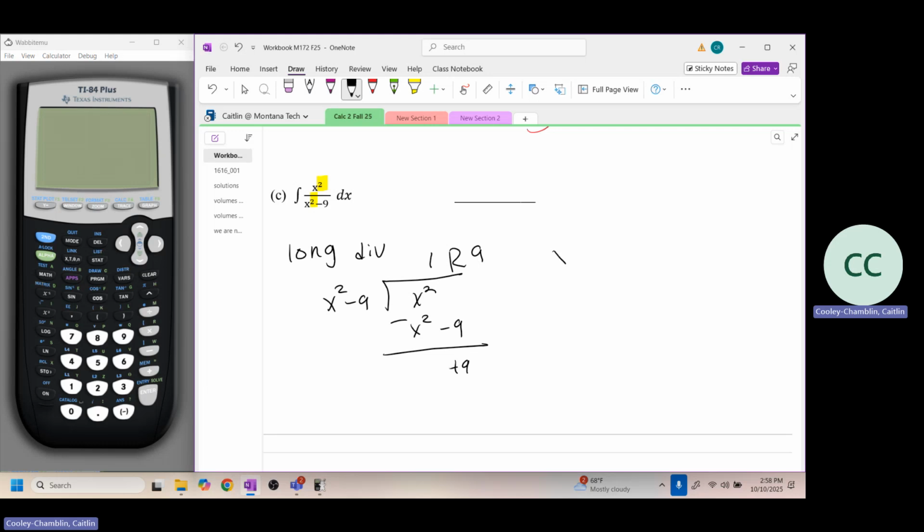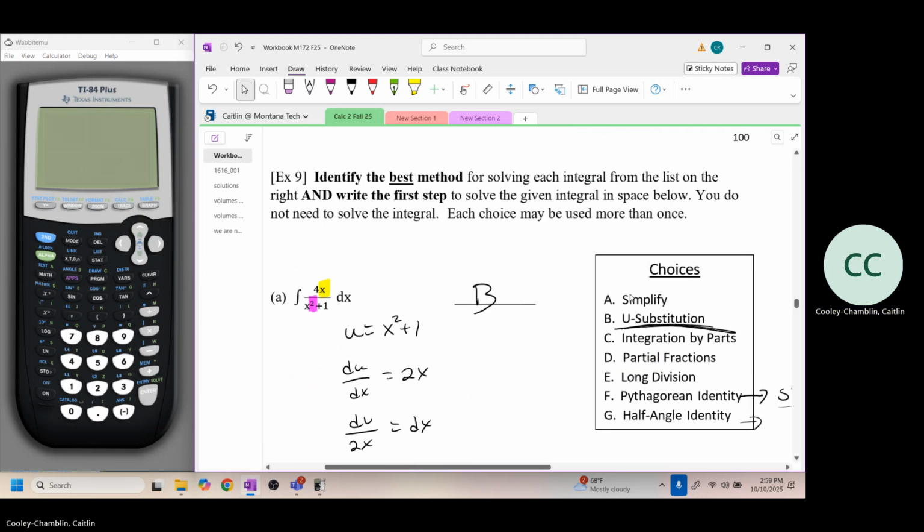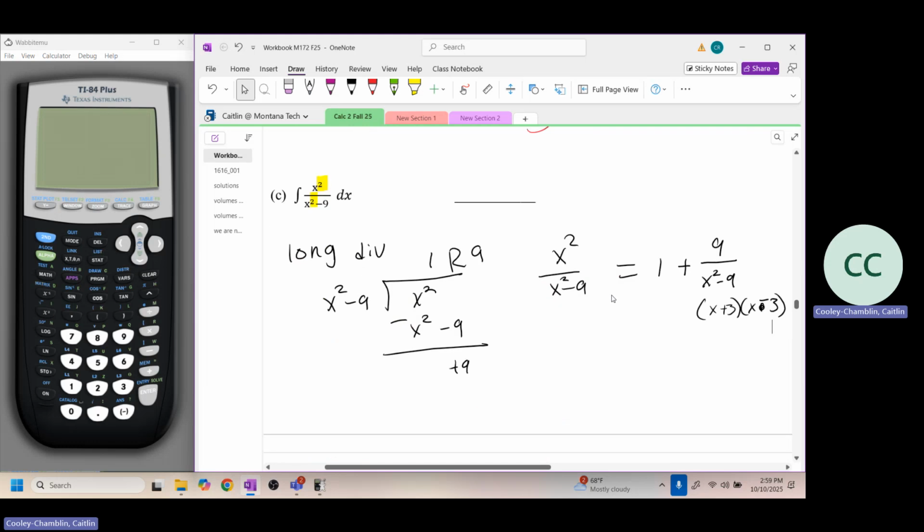So we get x squared over x squared minus 9 is equal to 1 plus 9 over x squared minus 9. And then from there, we have to expand this out and do partial fractions. But I really want the first step. So our first step is long division, so E.